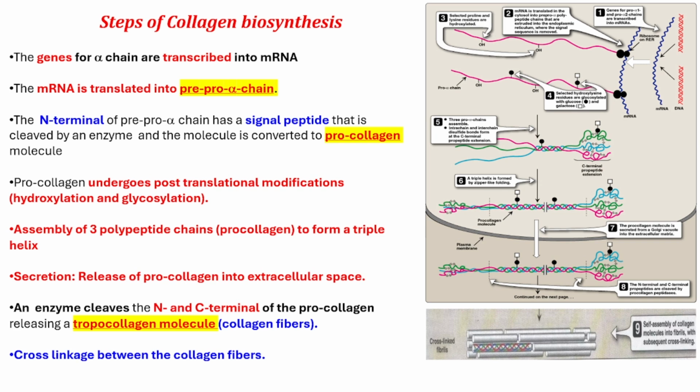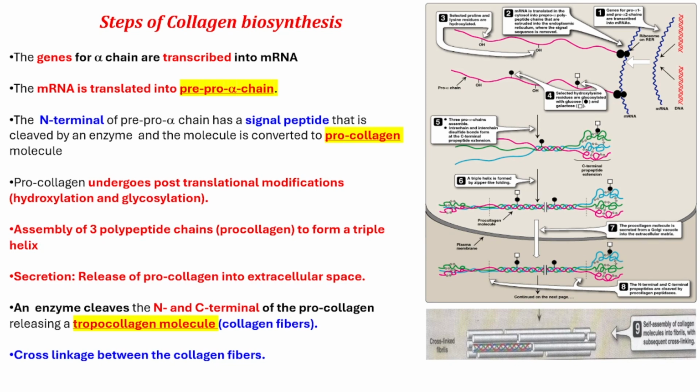Once your protein is synthesized, it will be cleaved, removed. At that time, your protein becomes called pro-collagen. So I have an alpha chain which doesn't have any signal peptide, it has OH groups, and it can also have some glucose or galactose attached to it.